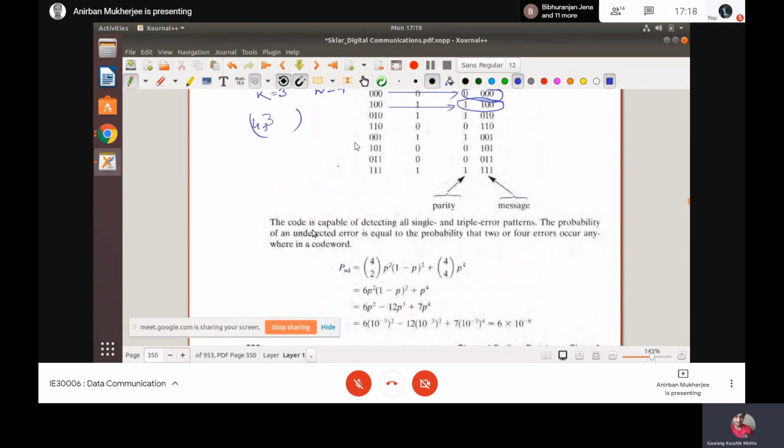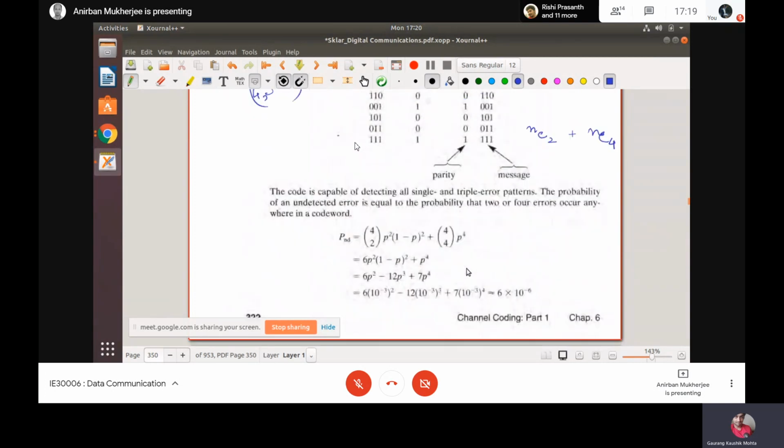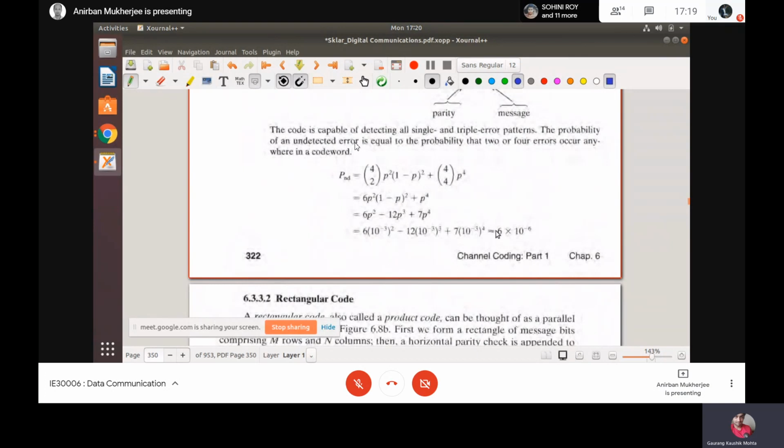Now the code is capable of detecting all single and triple error patterns. Here n equal to 4, so the probability of undetected error is nC2 plus nC4, that is nC2 p squared (1 minus p) squared plus nC4 p to the power 4. If you do the calculation, it is something like 6 into 10 to the power minus 6.